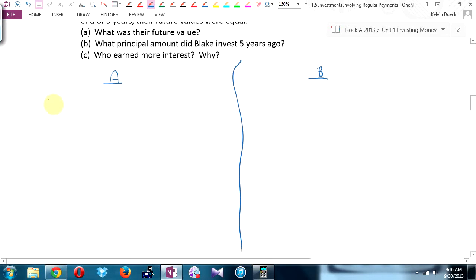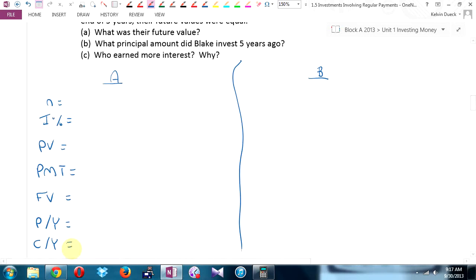Now what we're going to use our calculator for, we're going to go N equals, I percent equals, PV equals, PMT equals, FV equals, P/Y equals. And this is what I would need to see for your work if you were using your graphing calculator. I would say, show me this, and let's see what we're going to enter.